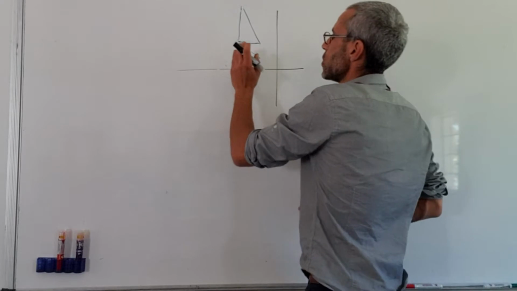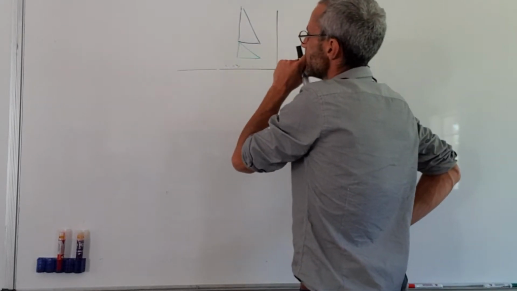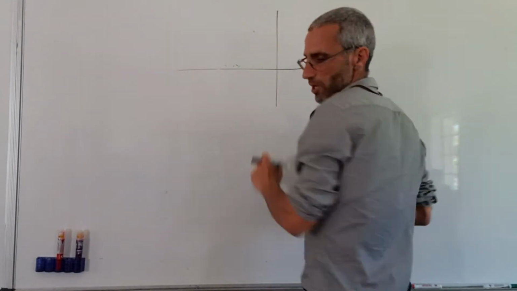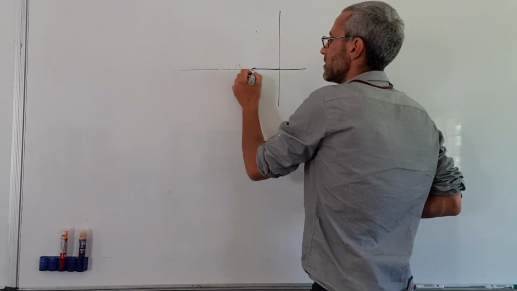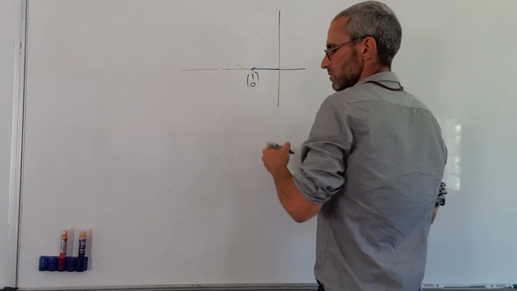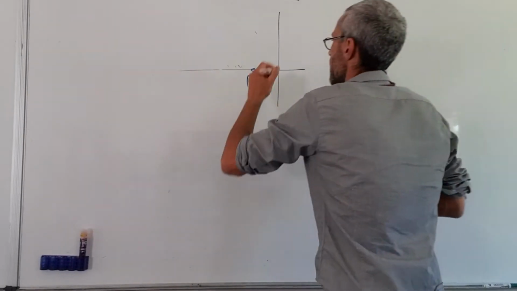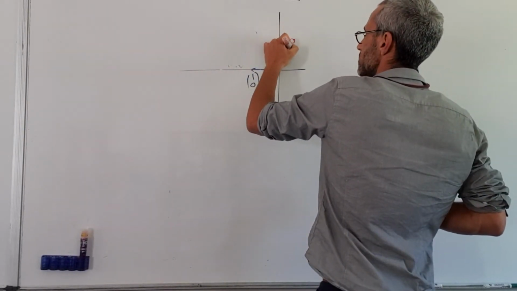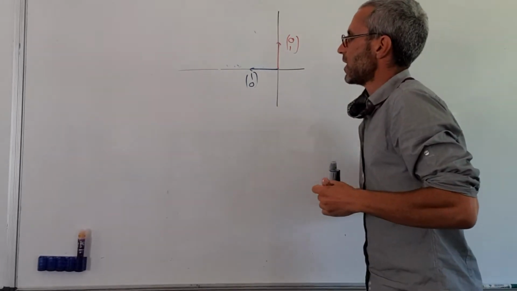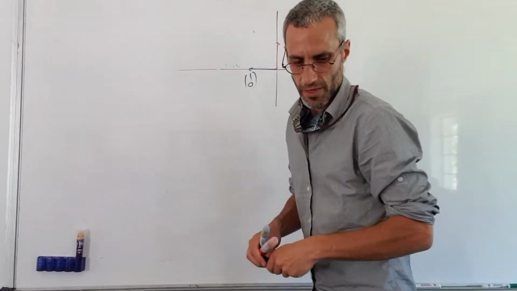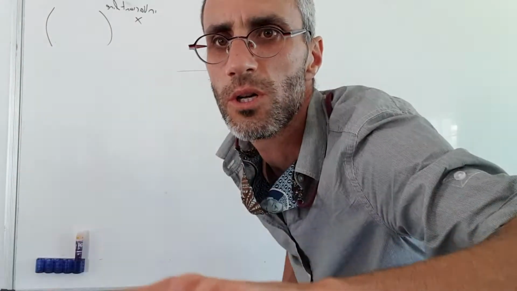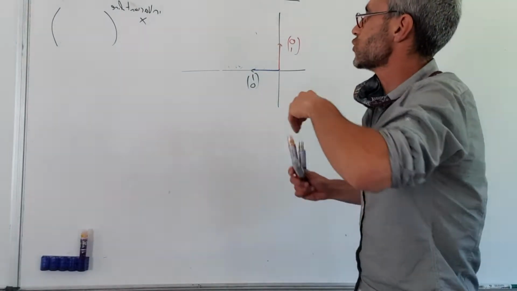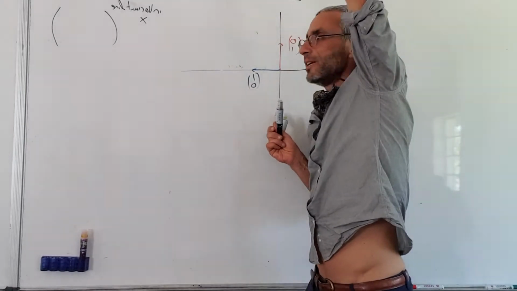So how do we do it? Obviously, we need to look at our 1, 0, the unit vector, and the 0, 1. So we are stretching in the y direction.